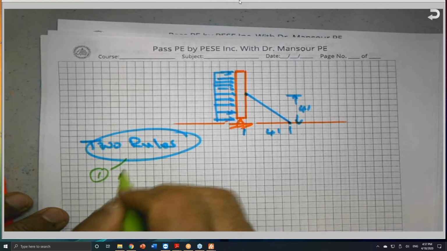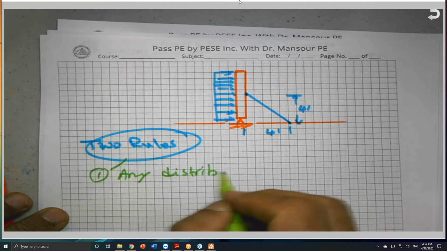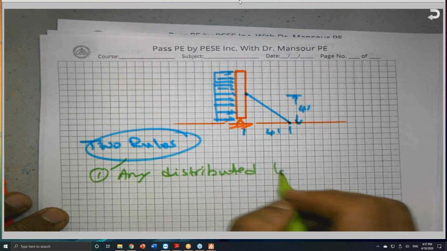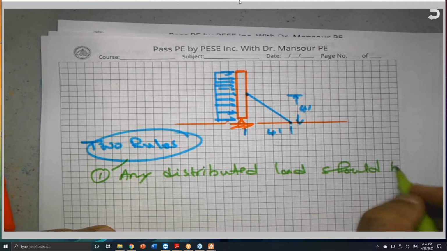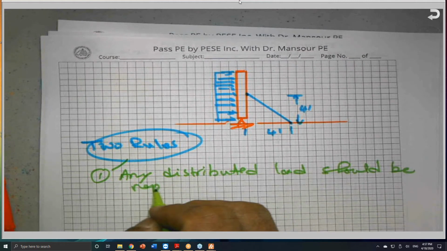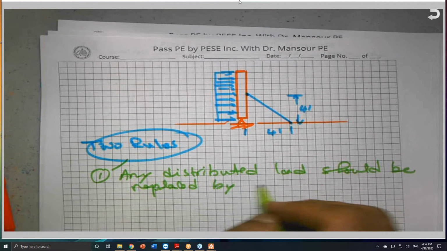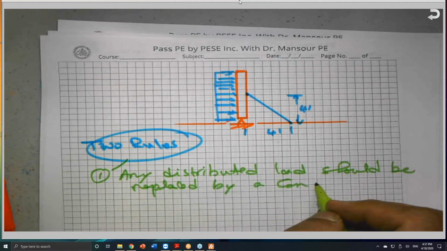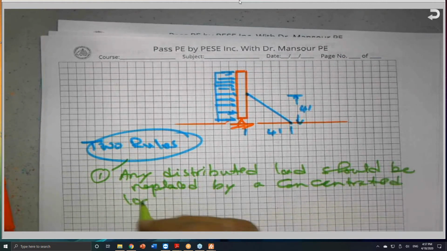Any distributed load should be replaced by a concentrated load or loads. This is rule number one.